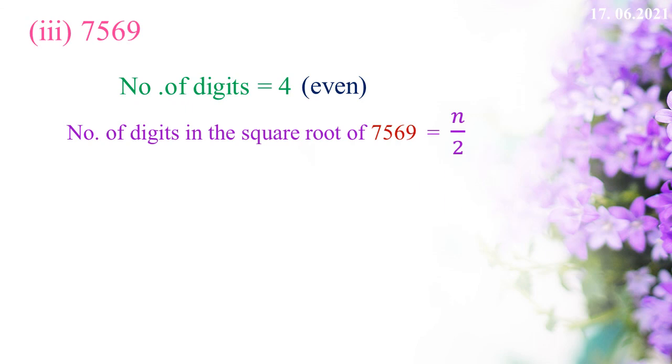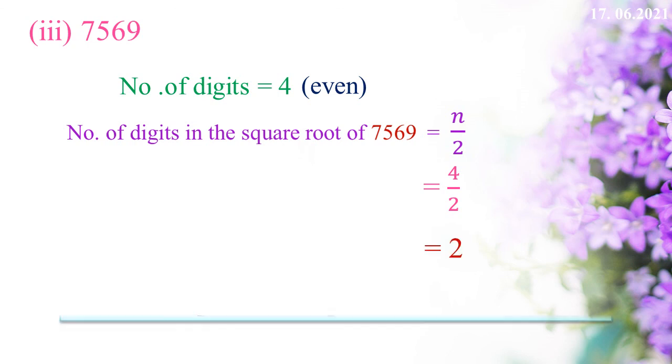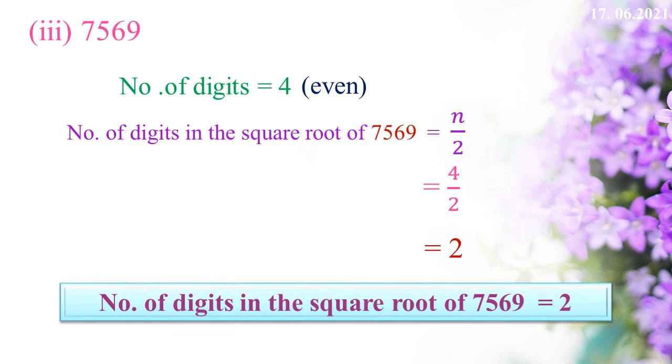Here n is 4. So 4 by 2. Here 2 is the common factor. So we can divide both 4 and 2 by 2. So 2. Therefore, the number of digits in the square root of 7569 is 2.